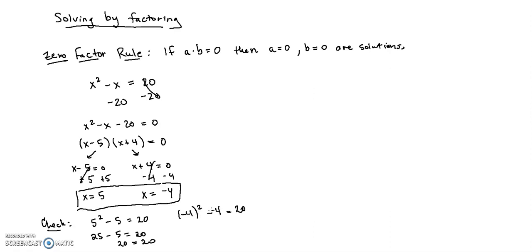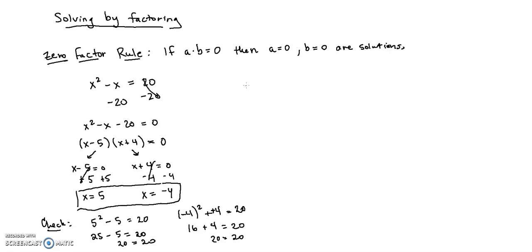Okay, so -4 squared would be +16. Negative negative is the same as plus. So now we've got 16 plus 4 equals 20, and that is true as well. So you should be able to take those answers and check them back in the original equation also.